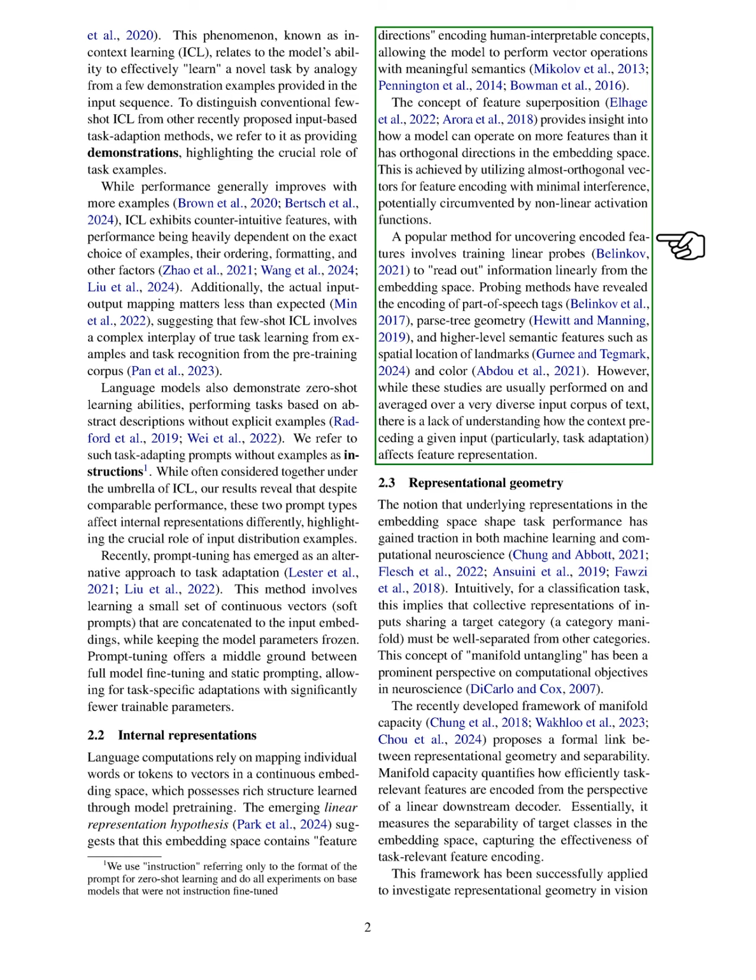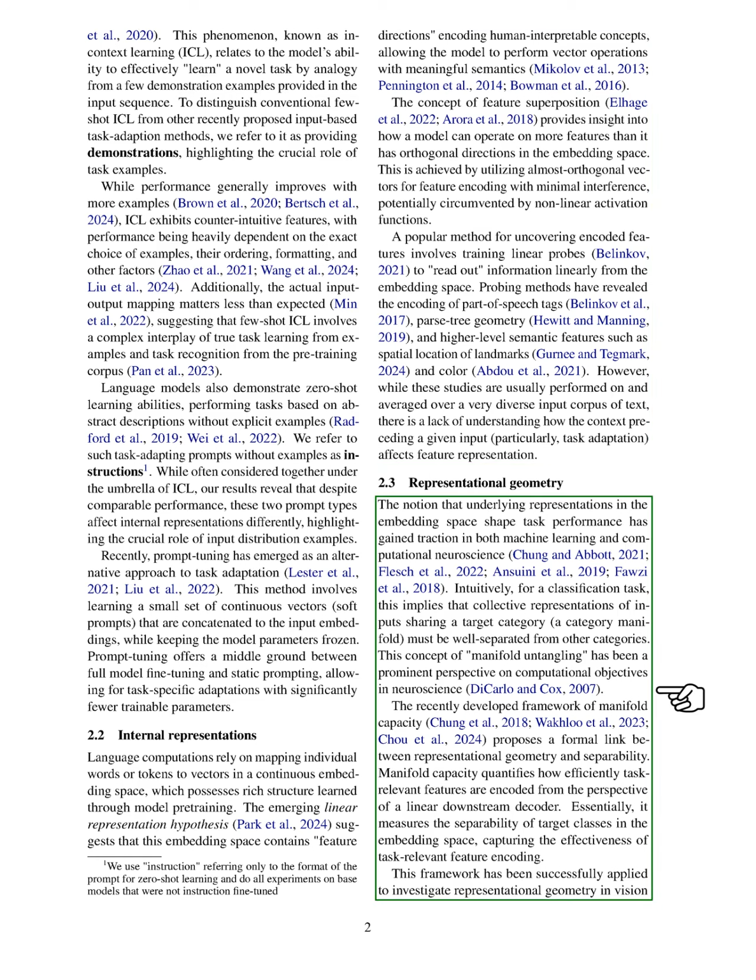However, there is still a lack of understanding regarding how the context before a given input, especially during task adaptation, influences feature representation. We also highlight that the structure of representations in the embedding space is crucial for task performance. For classification tasks, this means that representations of inputs belonging to the same category should be well separated from those of other categories.